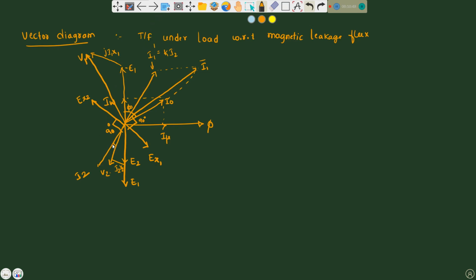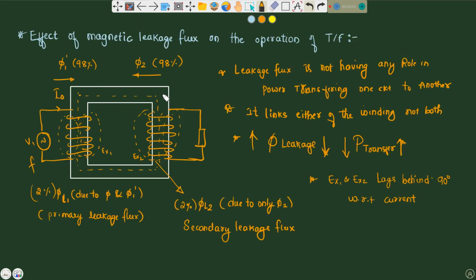so this angle will be phi 2 here. You can see the leakage flux due to phi and phi 1 dash. Here phi is the main flux and this phi 1 dash will be the load component of flux in the primary. This will be a primary leakage flux, about 2% on the primary side.